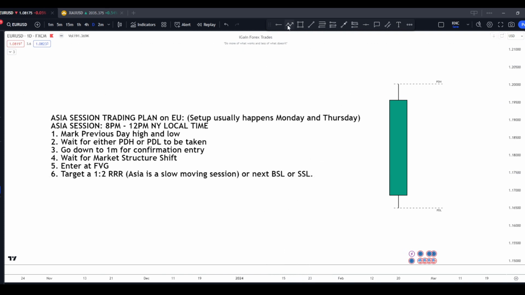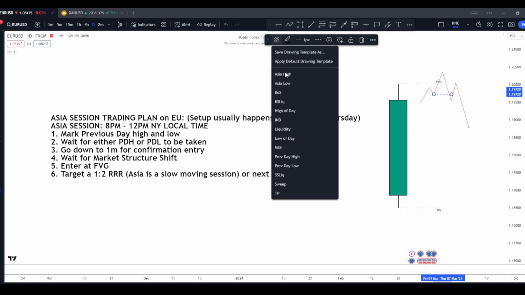Okay, so if we look at this pattern, for example, we will take this previous day high. Once previous day high has been swept, we wait for a market structure shift and then enter at this FVG and target a 1:2, for example, this one here. So this is our market structure shift.